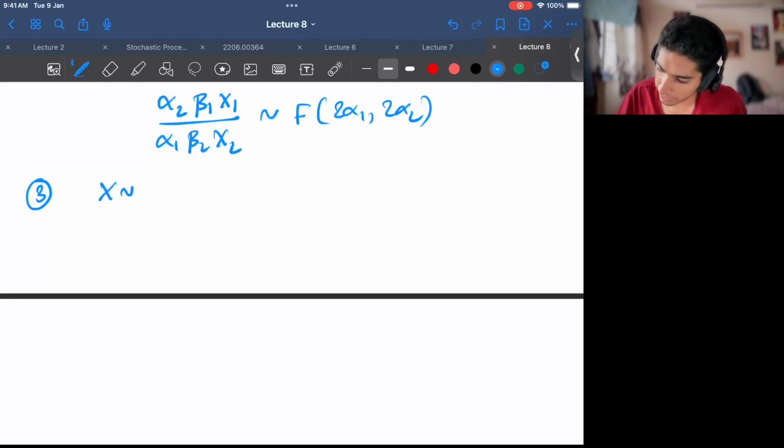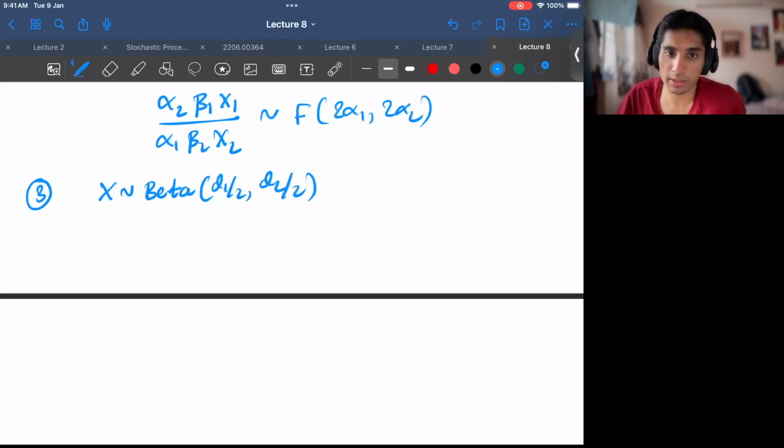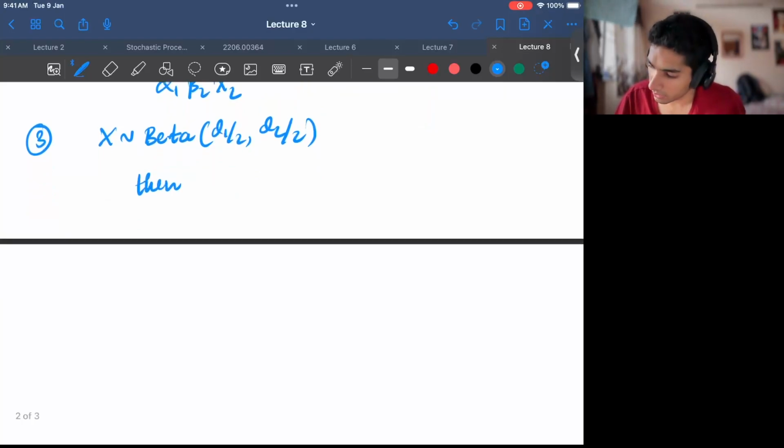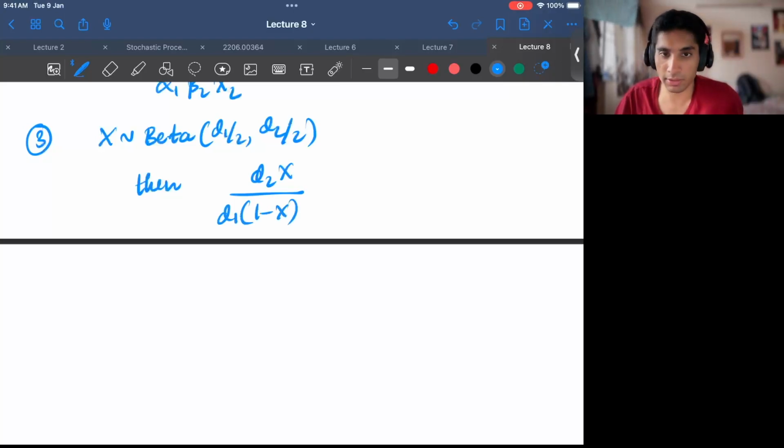So if X is sampled from a beta distribution with parameters d1 by 2 comma d2 by 2, then d2 x over d1 times (1 minus x) is distributed according to an F distribution with parameters d1 comma d2.